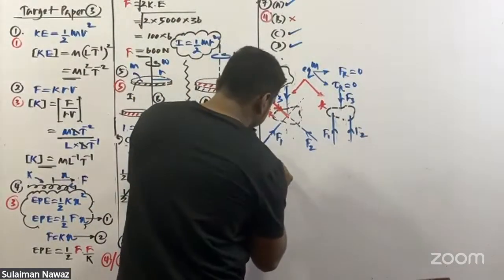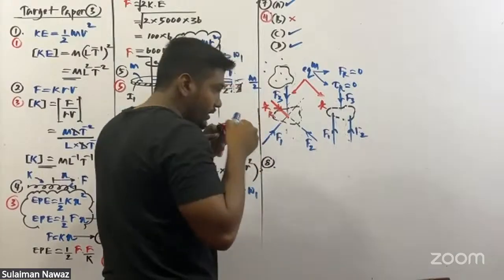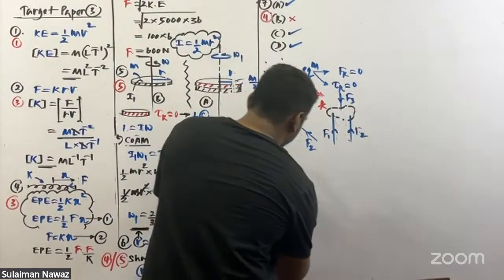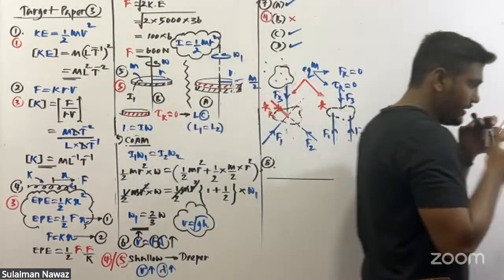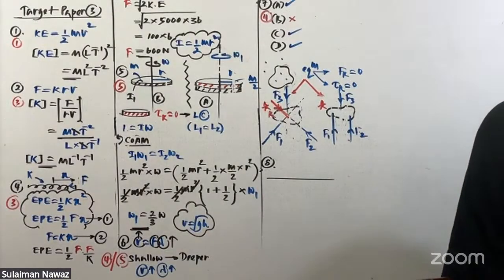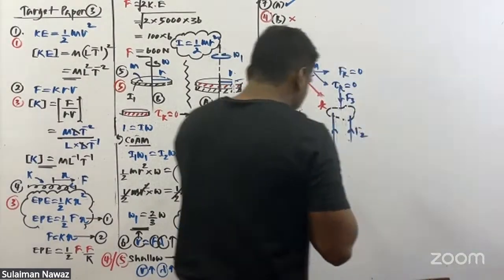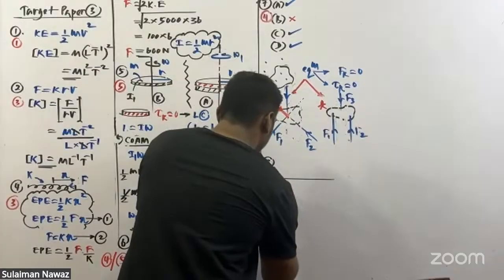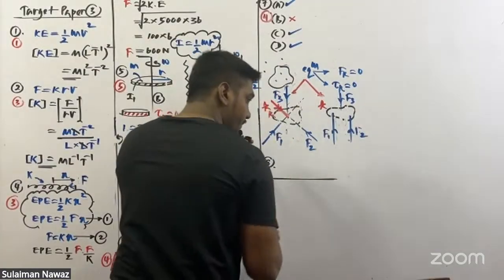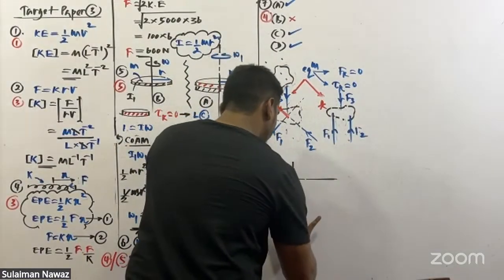Question number 8: ice cube, seawater. Given data 920, and we need the percentage of volume of ice above seawater. Here is the seawater level and my ice cube.